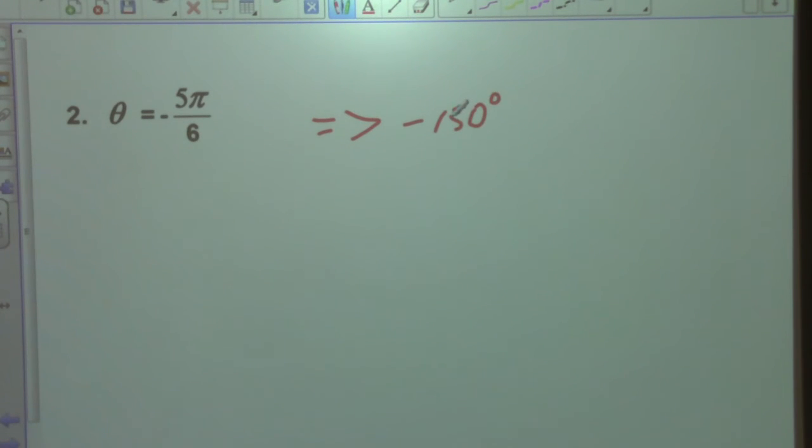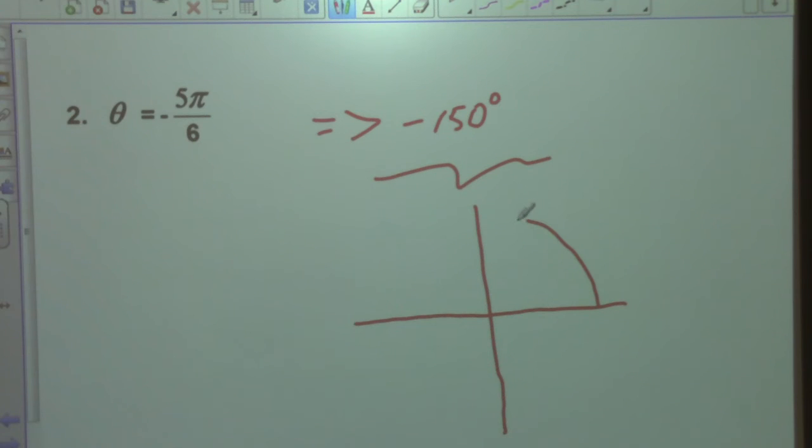Okay. So she says negative 150 degrees. And I want to show you something on your unit circle. That's a correct answer. And you got it by multiplying by 180 over pi, right? Okay, that's right. Do you see right up here on your unit circle where it says 150 degrees, 5 pi over 6, you see that?